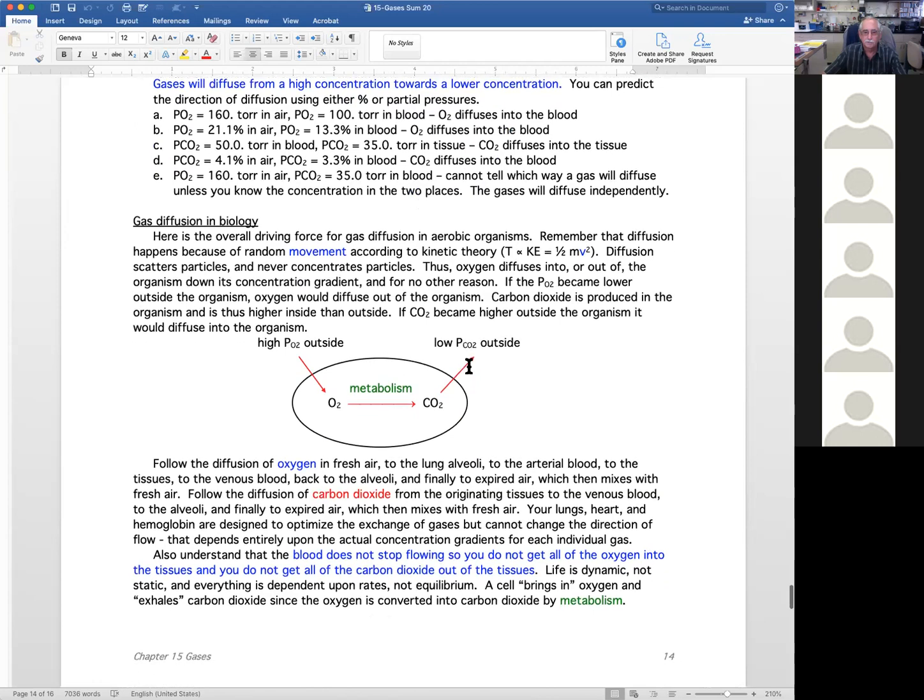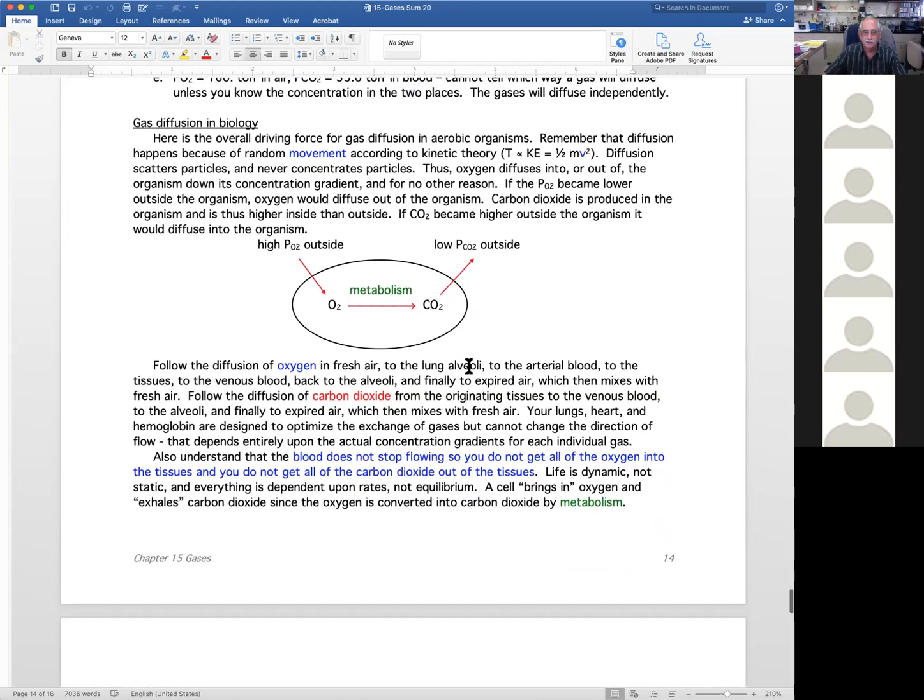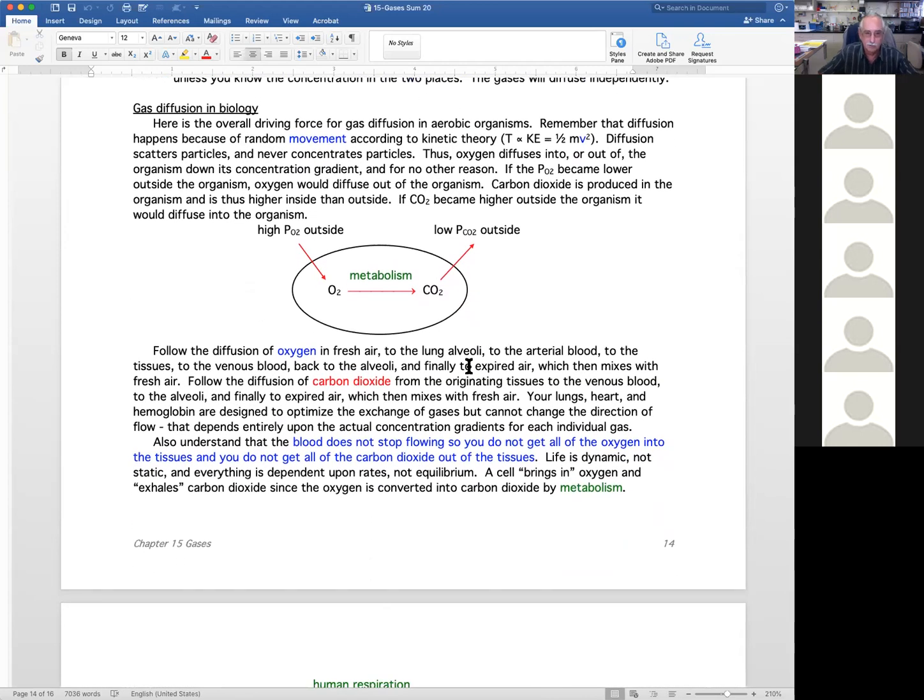So in biology, here's what happens to most of us aerobic organisms. Thanks to plant activity, there's a high partial pressure of O2 outside of us. That's what causes O2 to diffuse into our body. Do our lungs make that happen? No, they don't. All they do is make it happen more quickly.